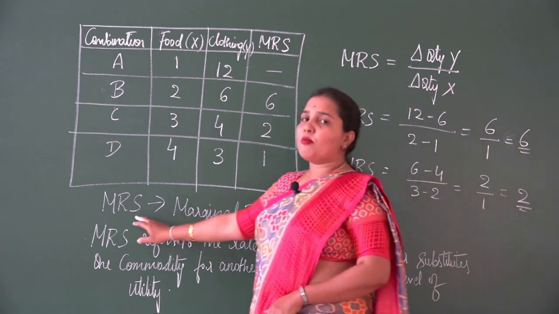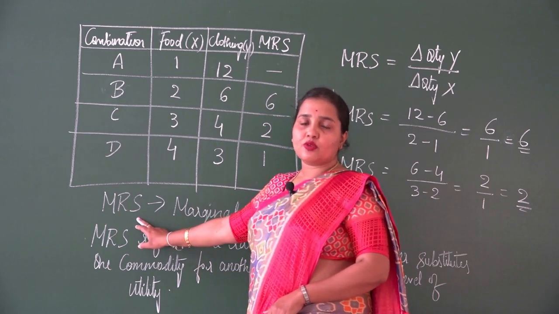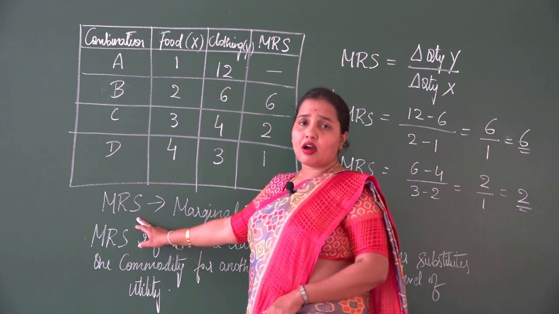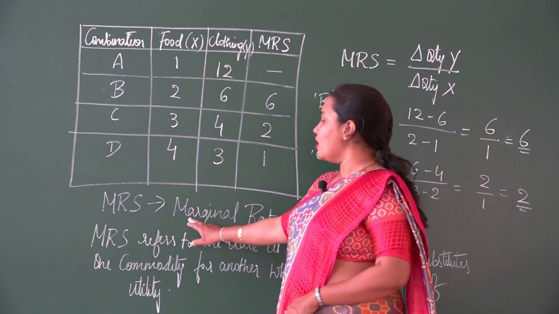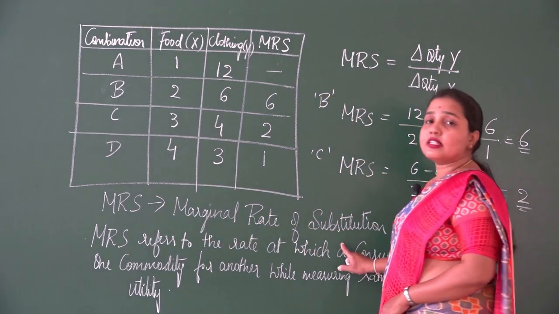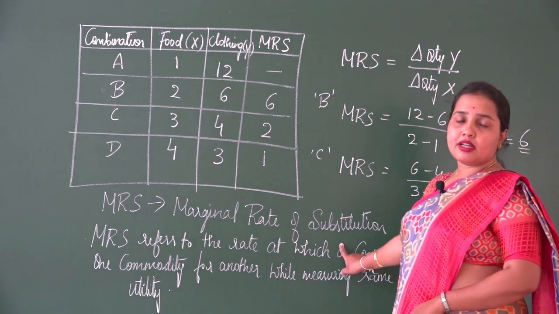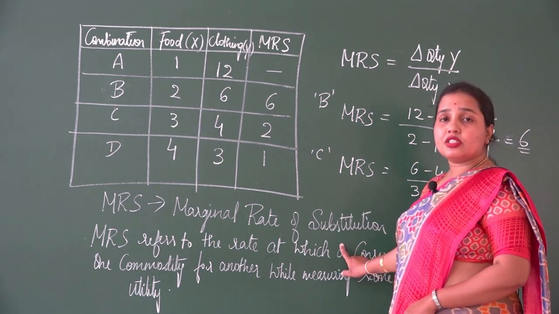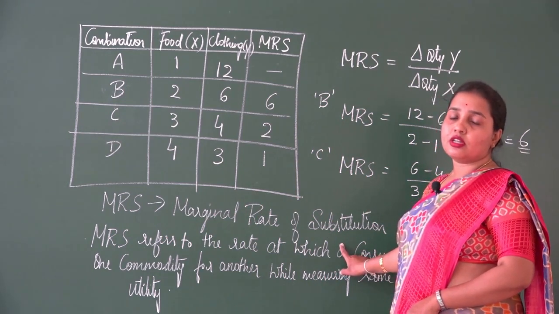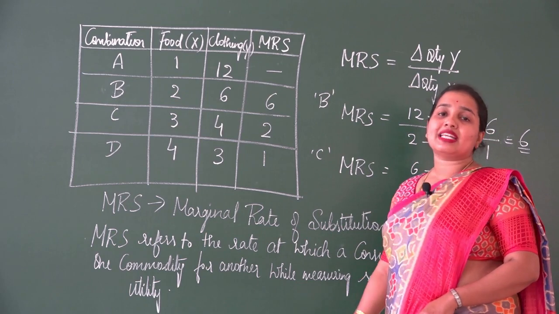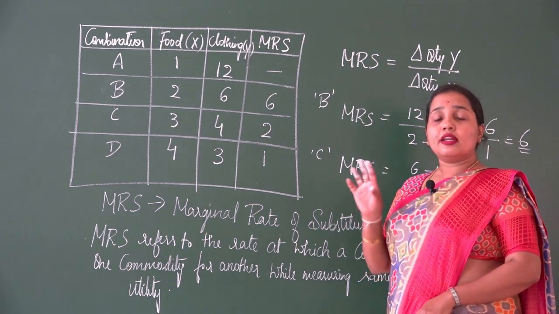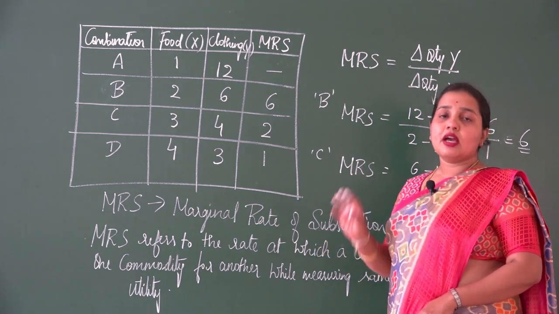What is the full form of MRS? You will be asked one question, expand MRS. MRS stands for marginal rate of substitution. Then another question will be, what is MRS? There you need to write the meaning of MRS.